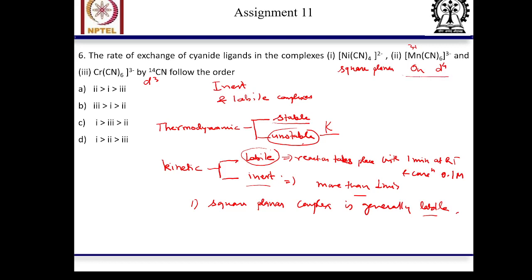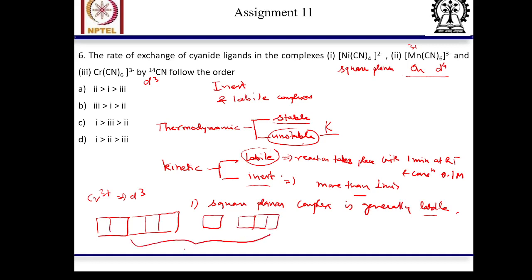If it is a stable electronic configuration, it will be inert. Cr3 plus is D3. Just see the concept of the d orbitals, 1, 2, 3, 4, 5. Basically it will be d2sp3, where these are the electrons from the ligand.